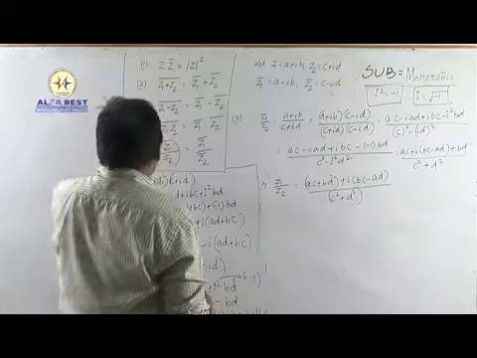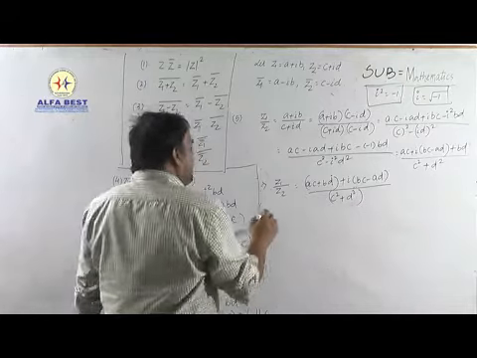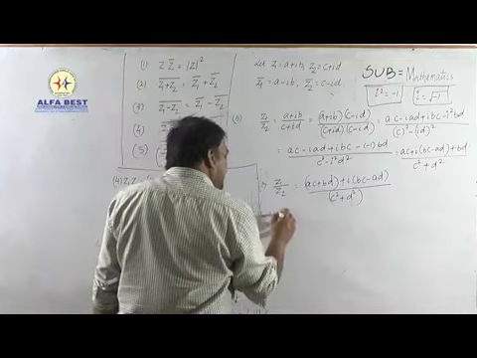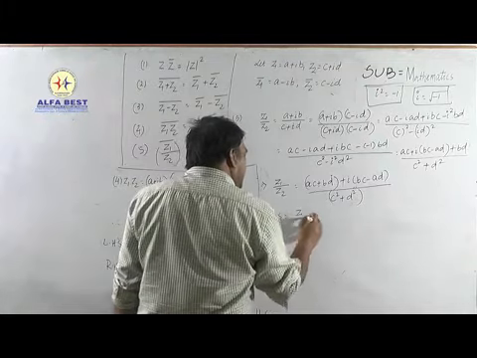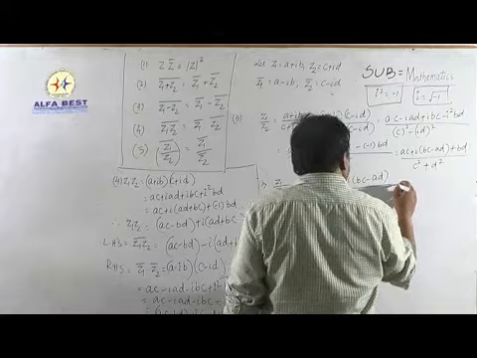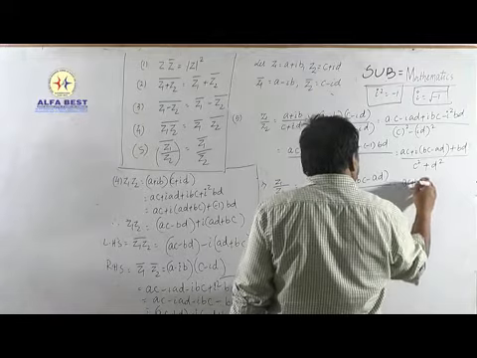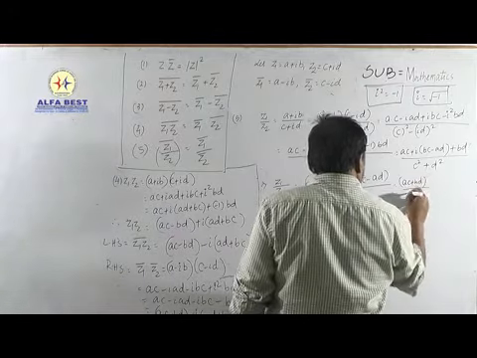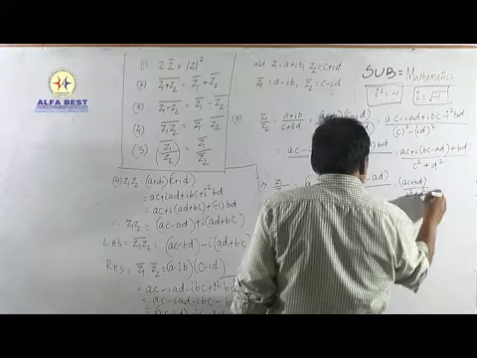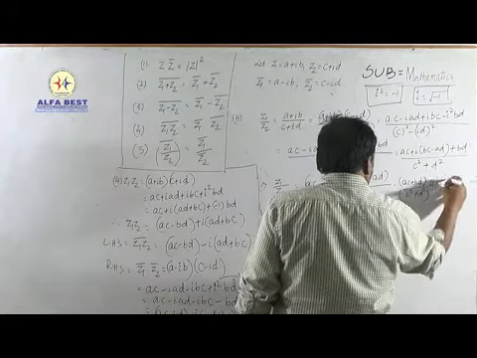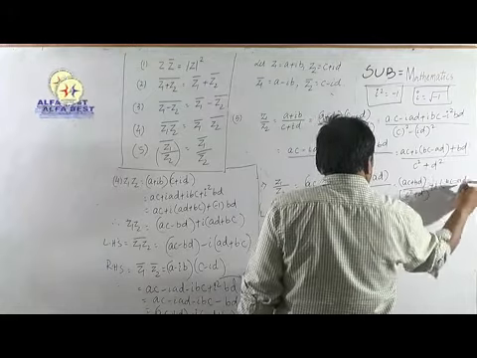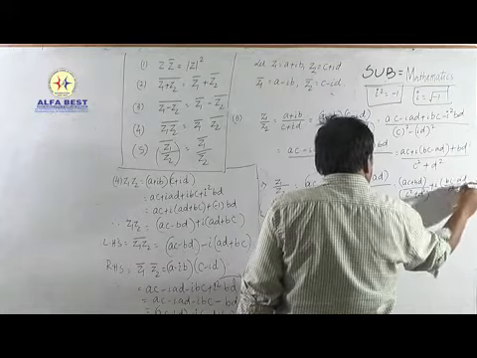So if I take its conjugate, what is your LHS? This is your Z1 by Z2. I can write it in x plus iy form: AC plus BD by C square plus D square, plus I into BC minus AD by C square plus D square.